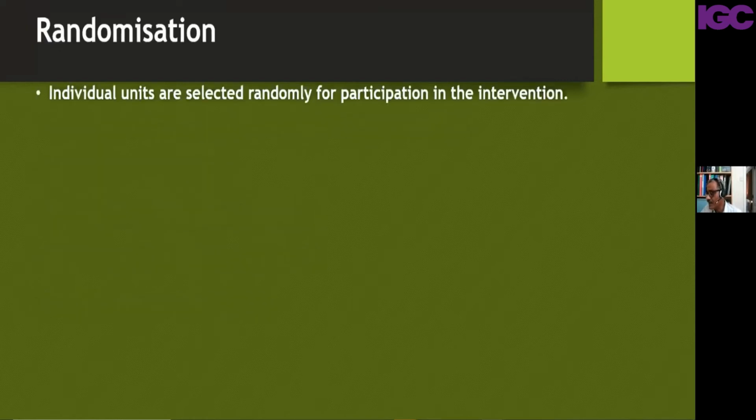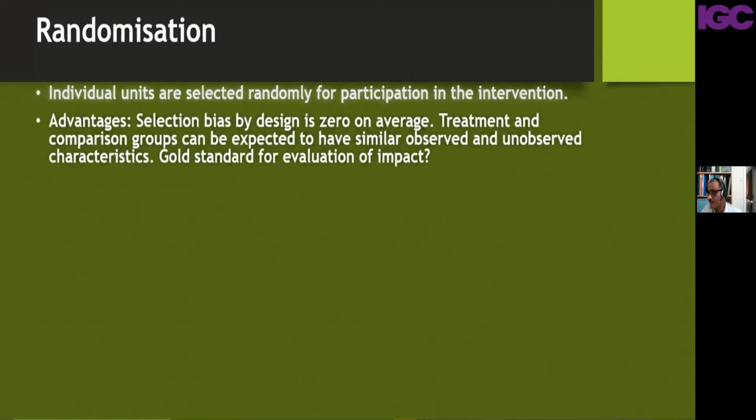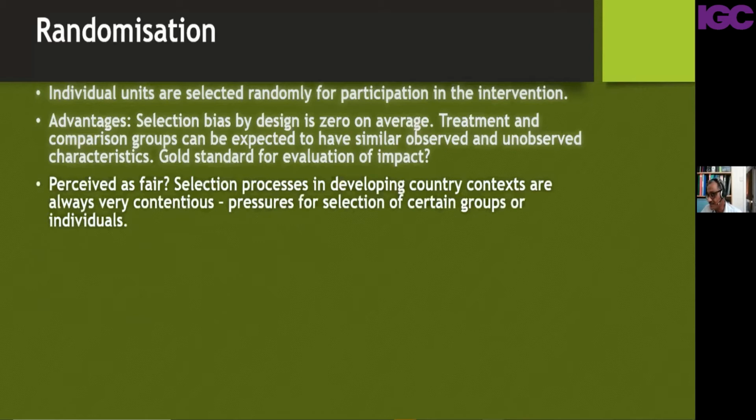Now, although we will not be looking at randomization, it is useful to understand the advantages of randomization. In randomization, as you would already know, individuals are selected randomly for participation in the intervention.